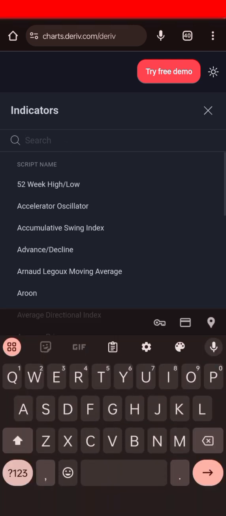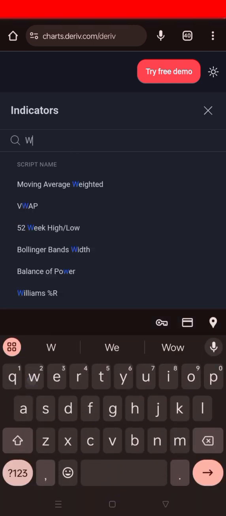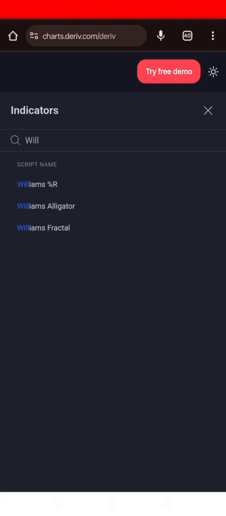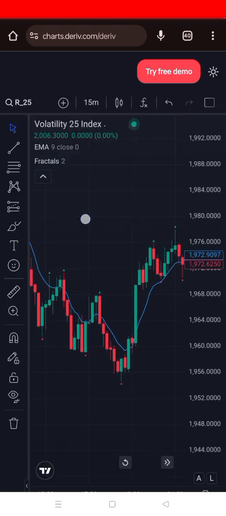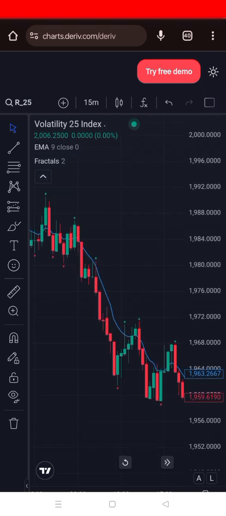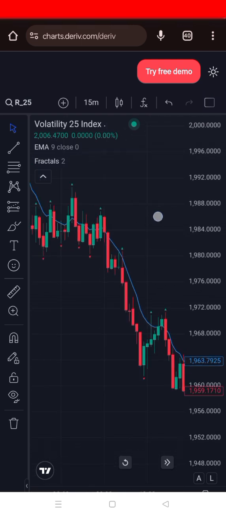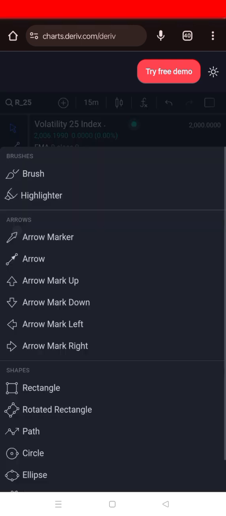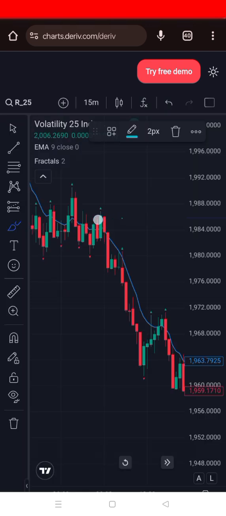Then after you do so, for the scalpers, we have talked about the 5 to 15 minutes scalping, and then the next one is Williams fractal, so you put that, and then the only observation is looking for a candlestick that has already broken out of the EMA.